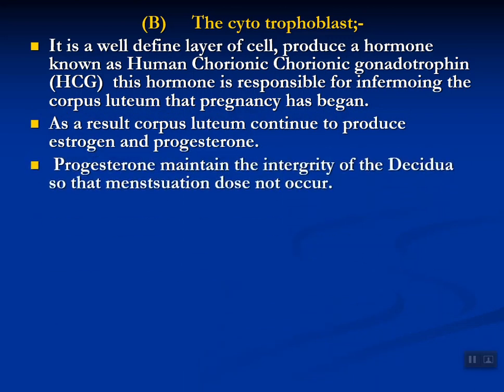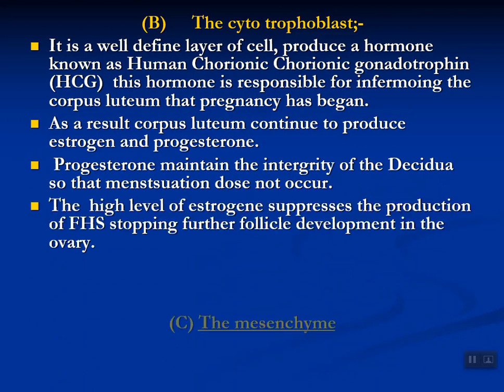As a result, the corpus luteum continues to produce estrogen and progesterone. Progesterone maintains the integrity of the decidua so that menstruation does not occur. The high level of estrogen due to the pregnancy will suppress the production of FSH, follicle stimulating hormone, and this will stop further follicle development in the womb.